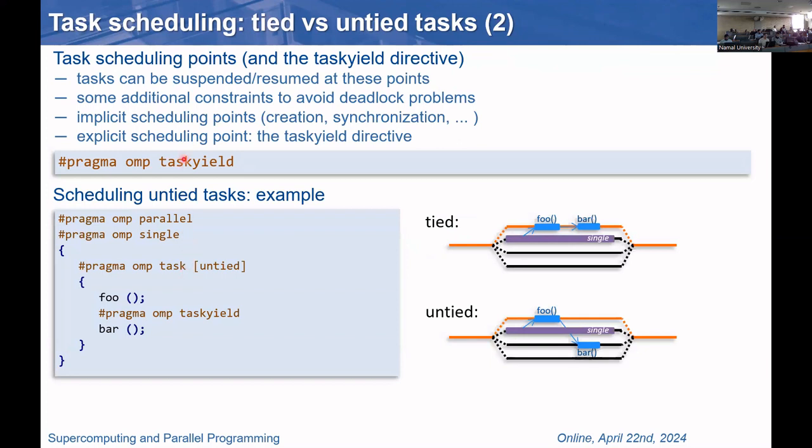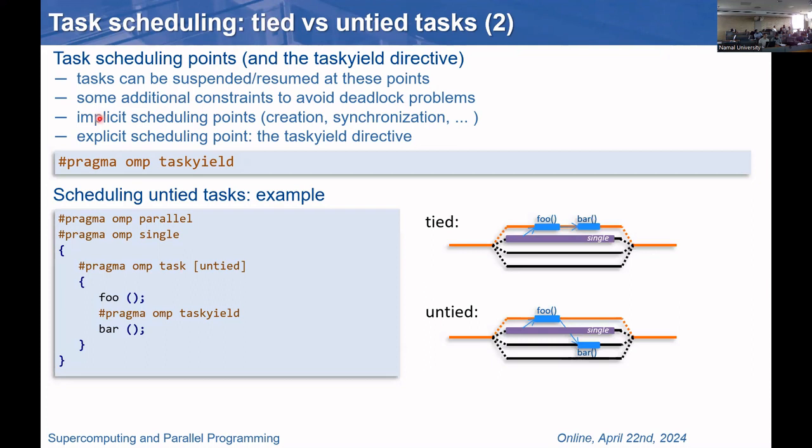So to see a little bit more with an example, the tiedness or untiedness of tasks is important in the task scheduling points. We have task scheduling points where the task can be suspended and resumed. We have some additional constraints related to deadlock problems.